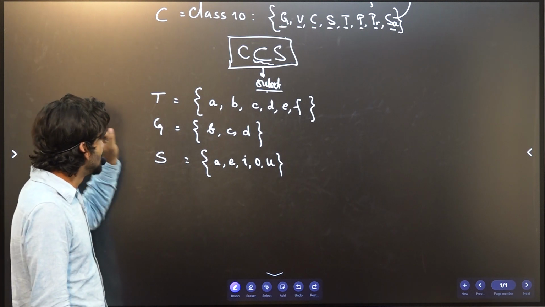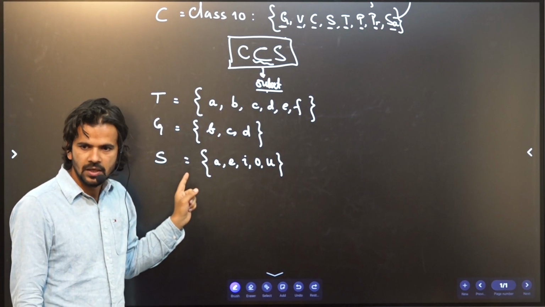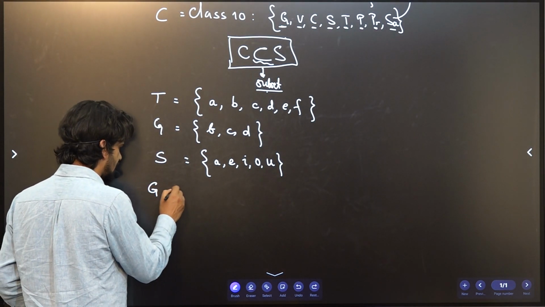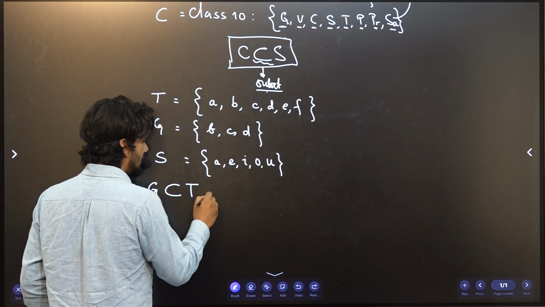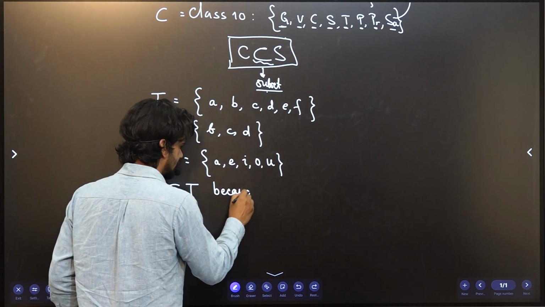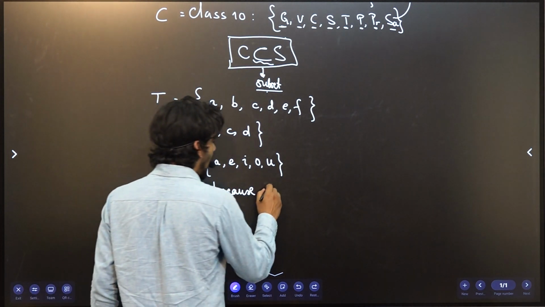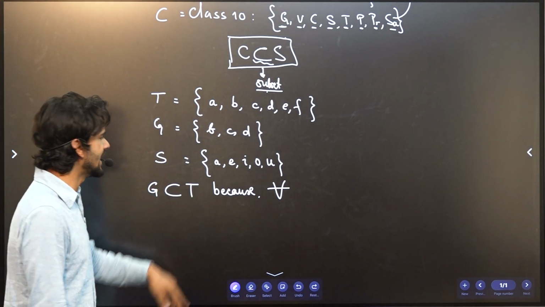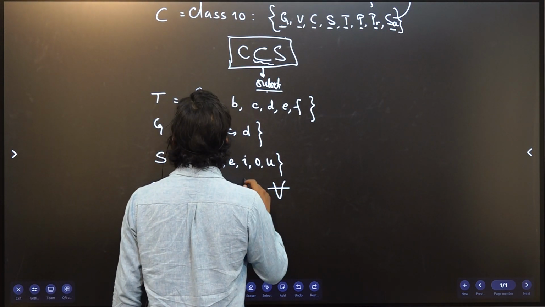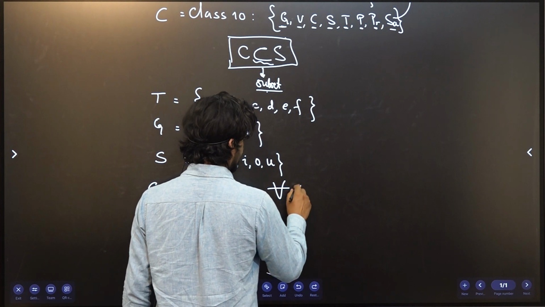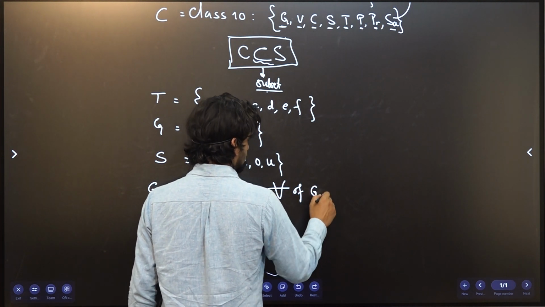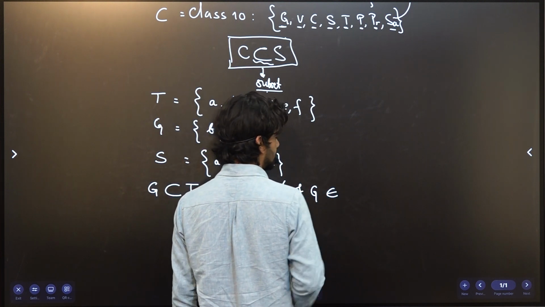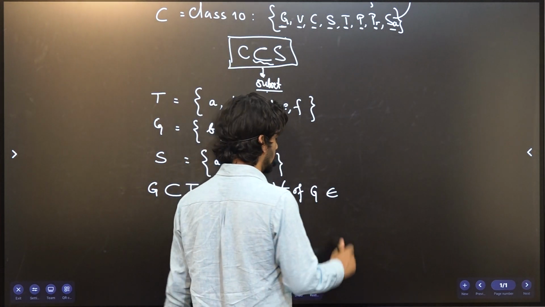So G is a subset of T because every element of G belongs to T.